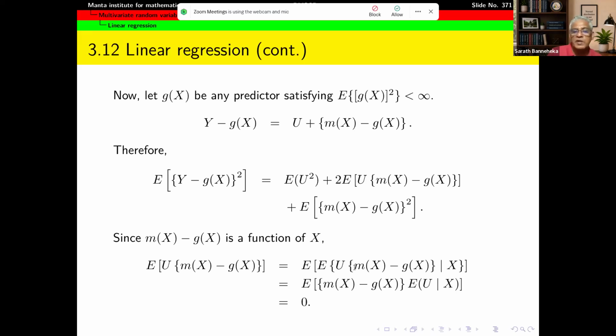So now you have this quantity times the expected value of u given x, and that is equal to 0 because the expected value of u given x is 0.